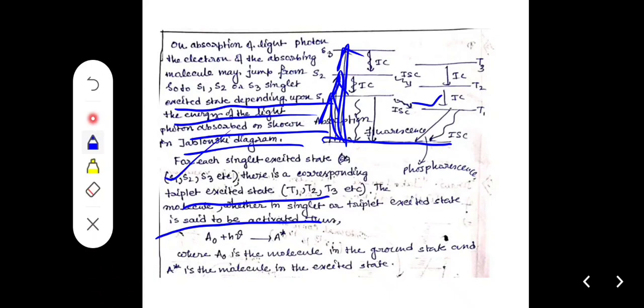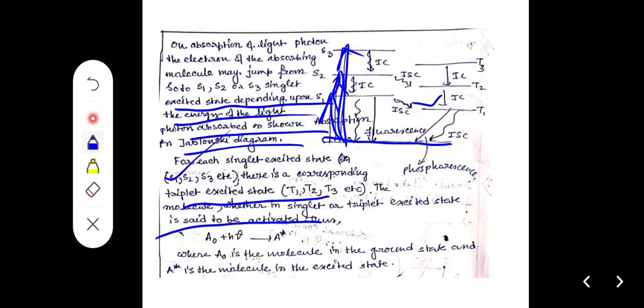So when the molecules do not get any type of energy, they always belong to the ground singlet state, that is S0, S suffix 0. When they get some amount of energy and get excited, they can go to singlet excited states, that is S1, S2, S3, and their corresponding triplet excited states, T1, T2, T3.